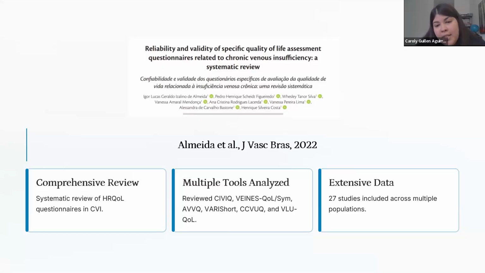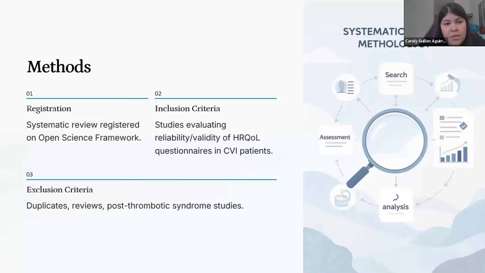It has extensive data with 27 studies included across multiple populations. It is a systematic review registered on Open Science Framework. The inclusion criteria were studies evaluating reliability and validity of health-related quality of life questionnaires in CVI patients, and the exclusion criteria were duplicates, reviews, or post-thrombotic syndrome studies.